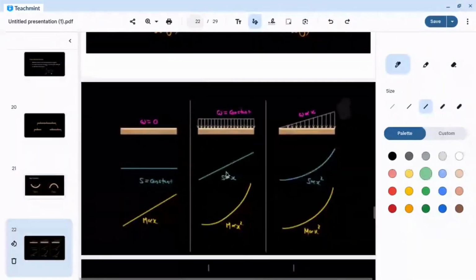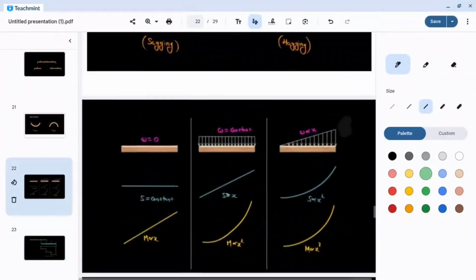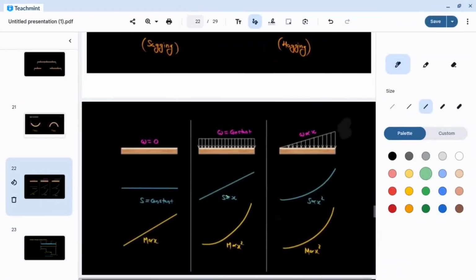Now, this is a very important area. The relation between shear force, load, and bending moment.